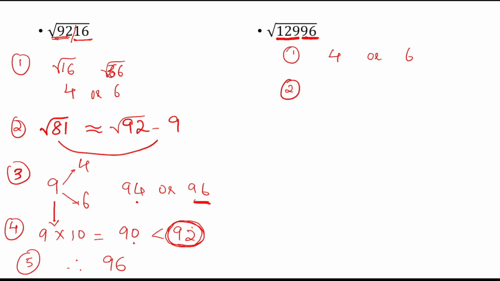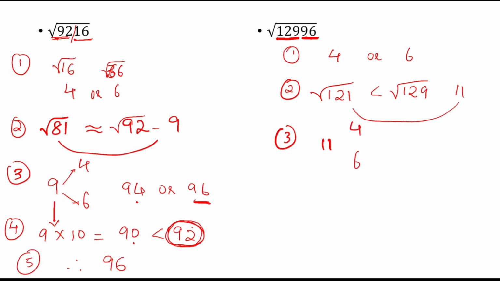Now search a square root which is approximately nearer to 129 and it should be less. So square root of 121 is approximately nearer and less than square root of 129. So 121 square root is 11. So take 11 here and write 4 and 6. So square root of 12996 is either 114 or 116.